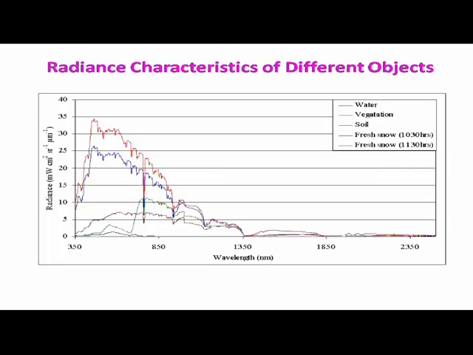Whatever our satellite sensor measures is the radiance characteristic, and you will see that these radiances also depend on the intensity. Here you can see the fresh snow radiance at 1030, it is up to something like 25 milliwatt per centimeter square per steradian per micrometer.